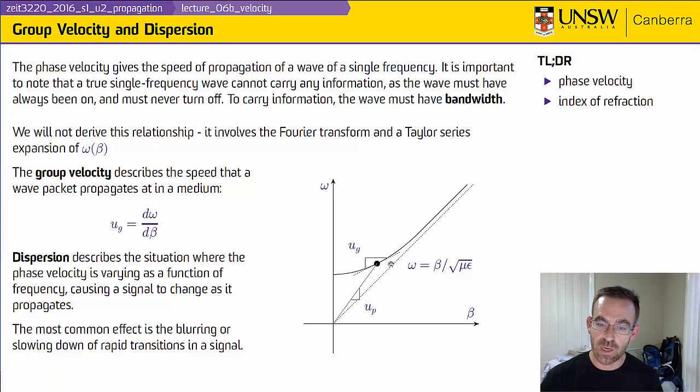So here I've got d omega, d beta. And so even in this instance where we see that the phase velocity is greater than the slope for a plane wave, so the phase velocity is greater than the speed of light, the group velocity is always less than the speed of light. You can play some tricks and you can get things called superluminal group velocities, but you have to be a little bit careful when you deal with that sort of thing.